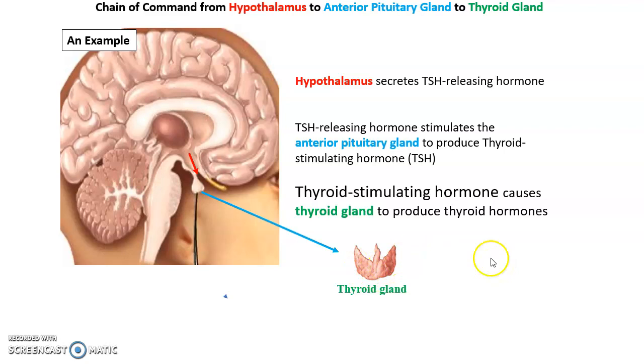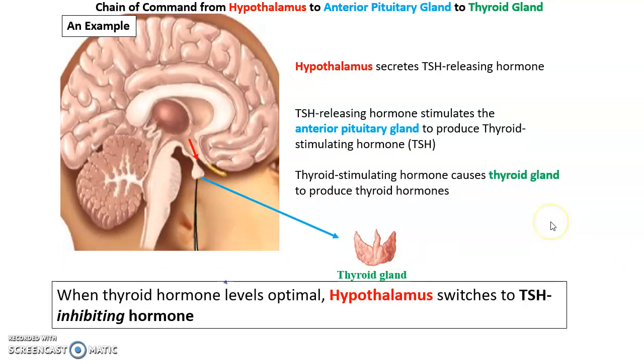Two sets of tropic hormones, the ones coming from the hypothalamus to the anterior pituitary gland, and the ones coming from the anterior pituitary gland and going to the thyroid gland. And then when thyroid hormone levels in the bloodstream are optimal, the hypothalamus will switch to the inhibiting hormones to stop the anterior pituitary gland.